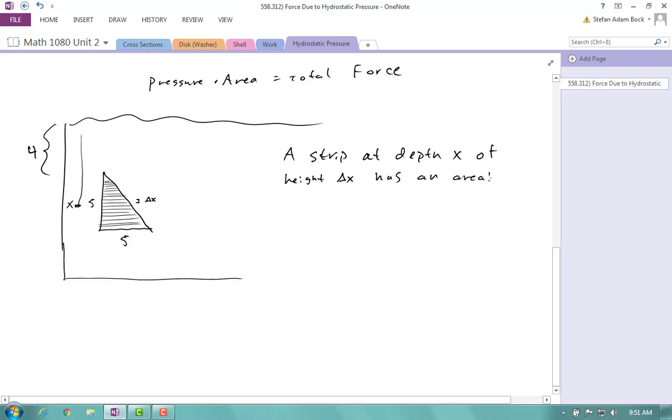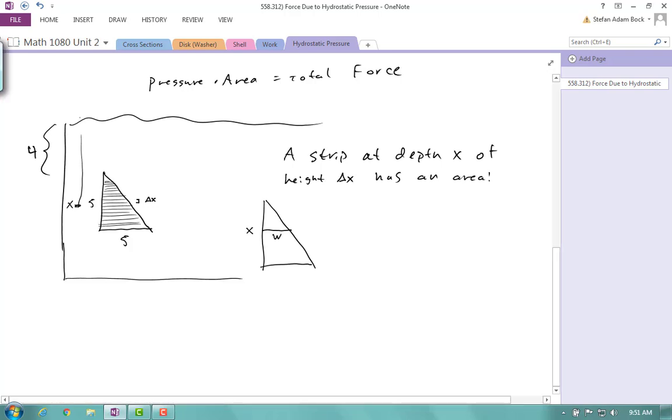Well, I'm going to have to use similar triangles because I need to find out how long this strip is. I need to find out the width of that line.